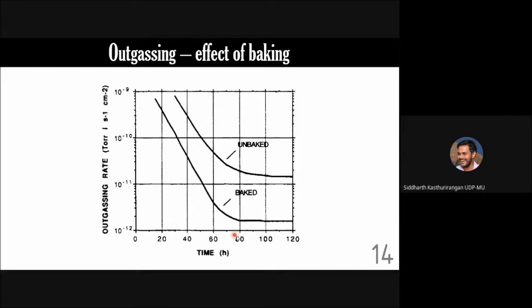Whereas if you bake it, many of these molecules get dislodged and get sucked away in the initial pumping down phase itself, so that at a later stage your outgassing rate is much lower, which means that per unit time fewer molecules are released from the walls because fewer molecules are present on the walls. Most of them got dislodged by the heating.